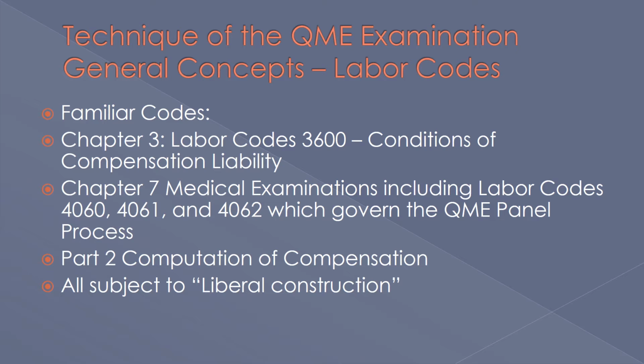Well, in workers' compensation, the tie goes to the injured worker. It's called liberal construction. All issues of doubt, all gray areas, all stumbling blocks are handled through the application of liberal construction. In workers' compensation, the tie goes to the runner.